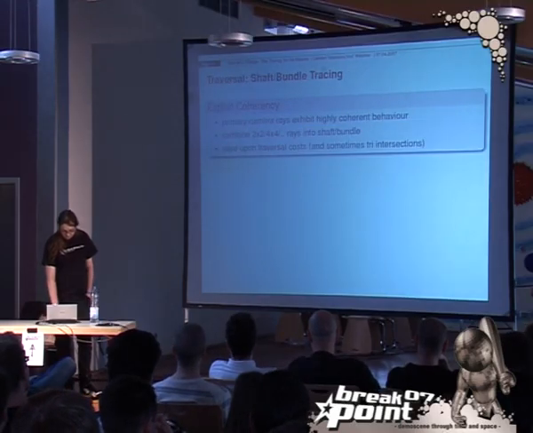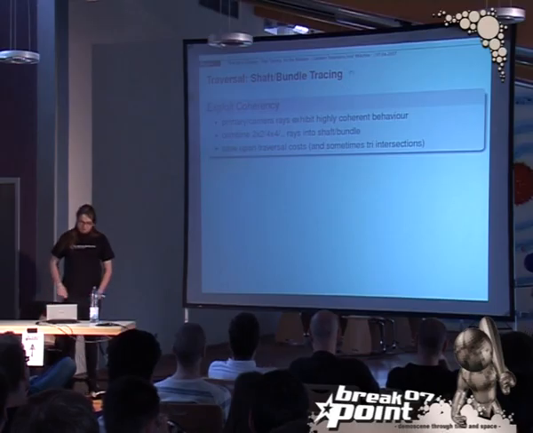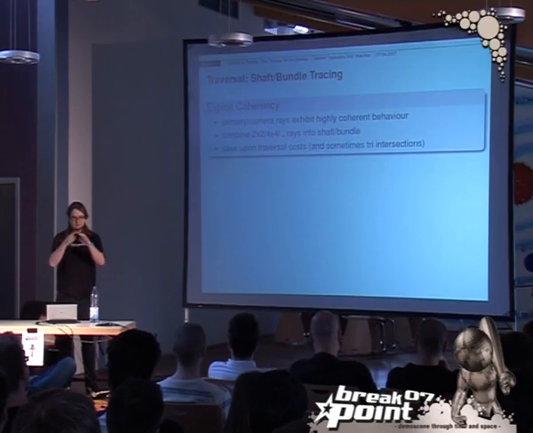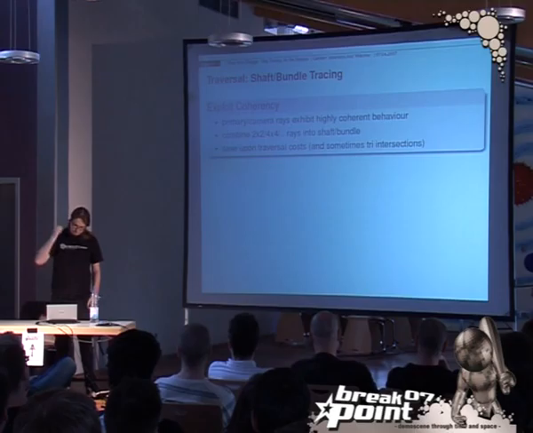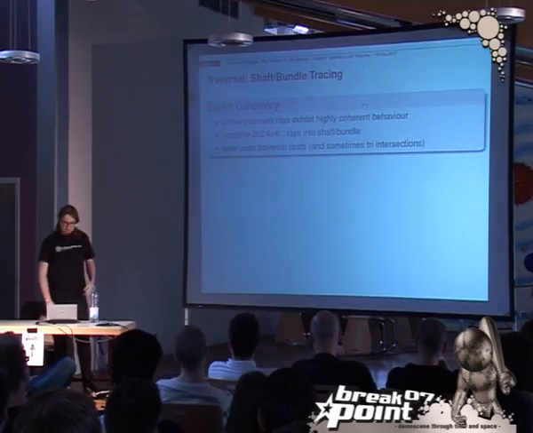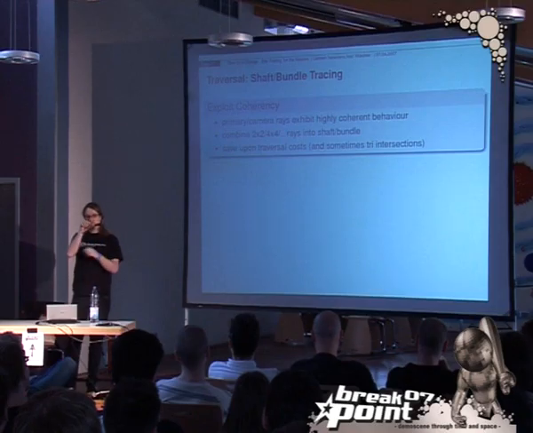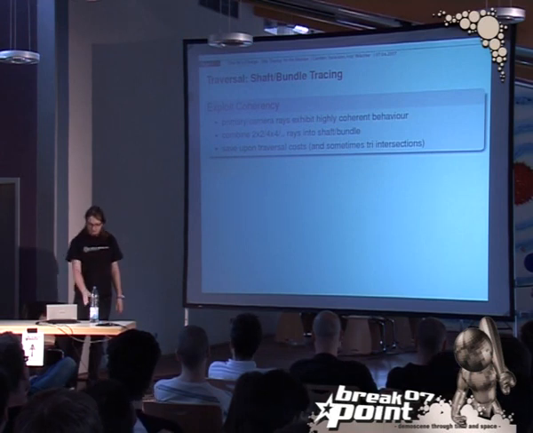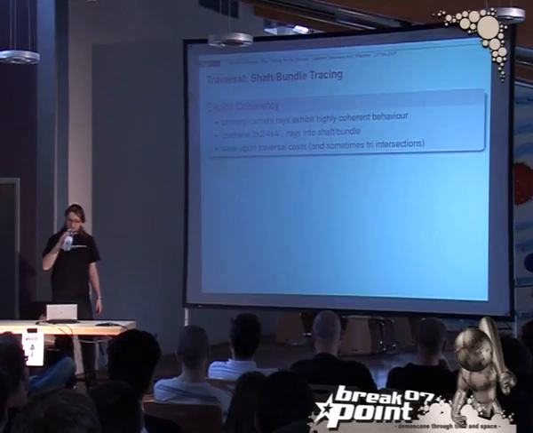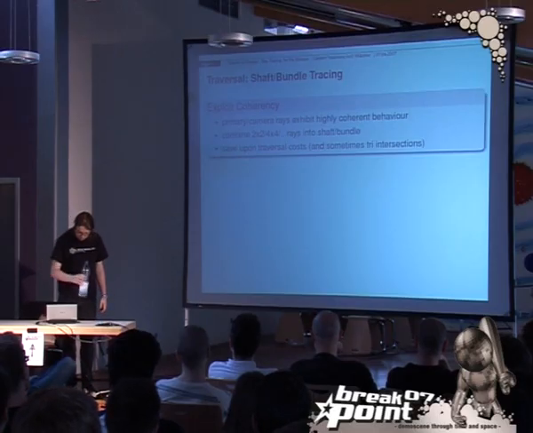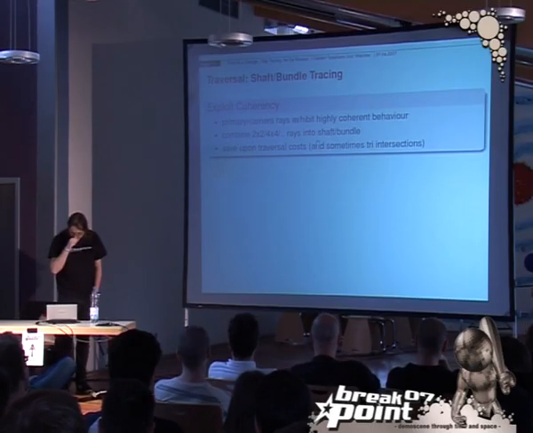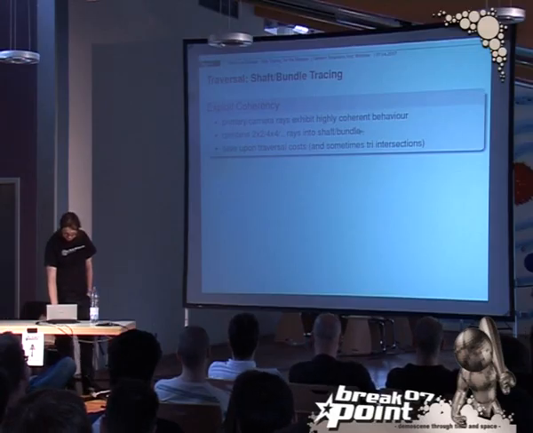Another thing that is really popular at the moment is shaft and bundle tracing. So we want to exploit the coherency basically. If you think of the camera and of neighboring rays, then you will see that the decisions they take during the traversal of the tree will be mostly the same until the lower levels of the tree. Then they will take different decisions, but on the upper tree, everything will be the same. So we can combine some of the rays into shafts or bundles.